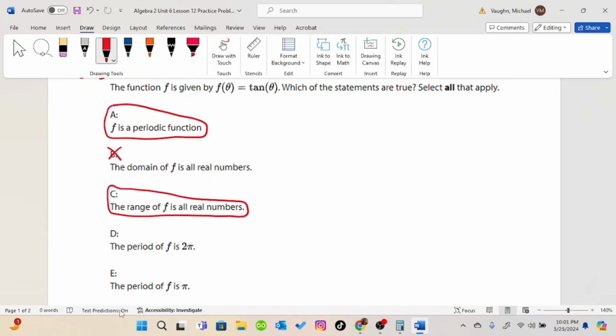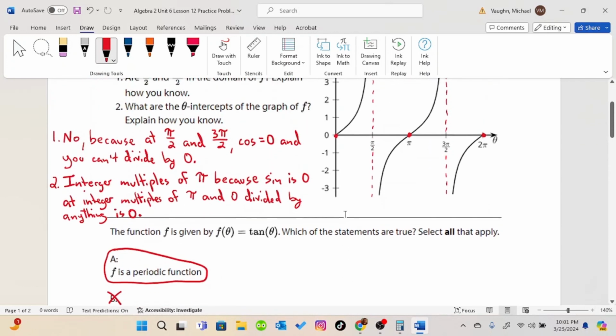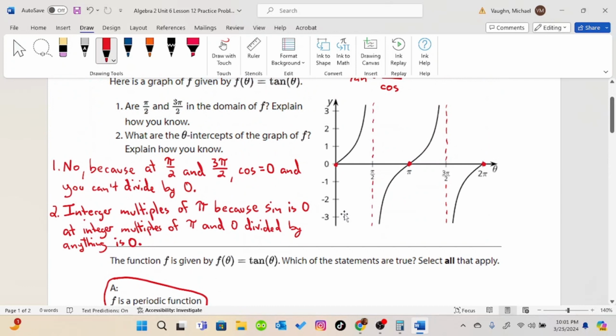Choice D says the period of f is 2 pi, but choice E says the period of f is pi. If you look at the previous graph, you can see that it repeats itself every pi. So here we went from 0 to 2 pi, and you had half, a full, and another half.